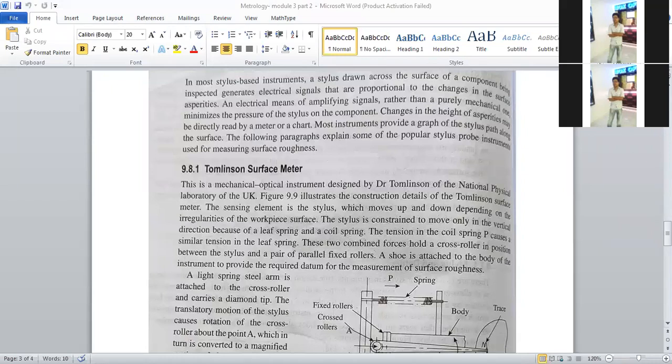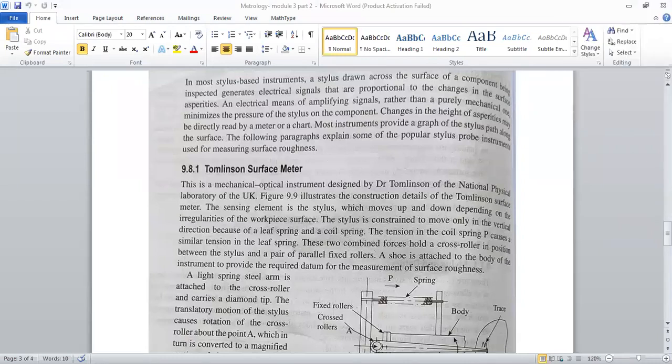So this is a schematic diagram of the Tomlinson surface meter.